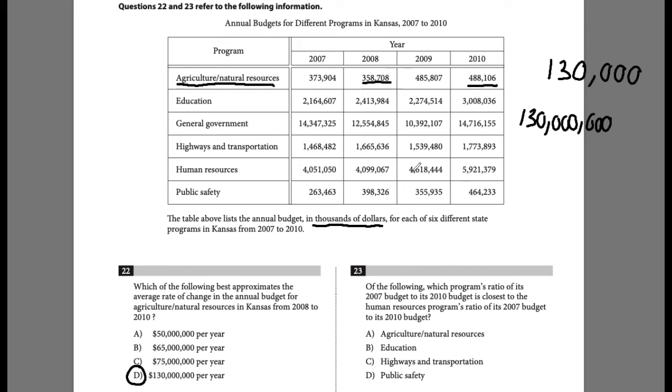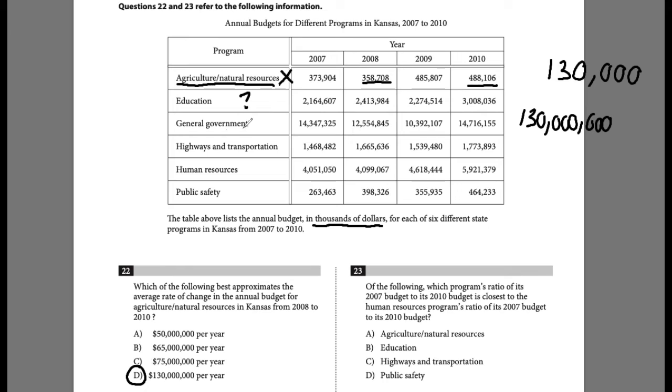That's almost a 50% increase. And if we look at which other department has almost a 50% increase, agriculture has around a 33% increase. Education has close to a 50% increase. It might be education. I'm going to put a question mark there.